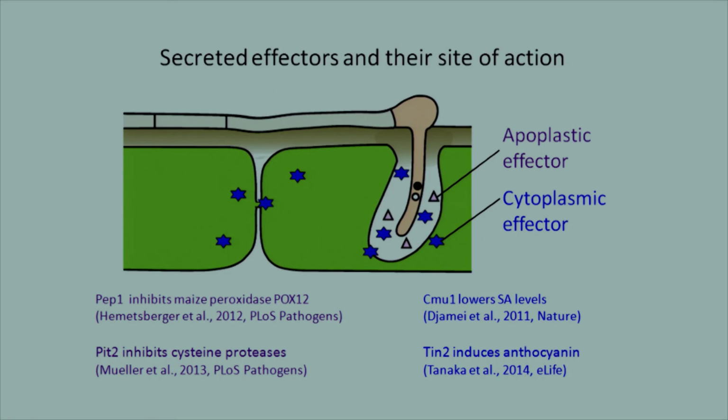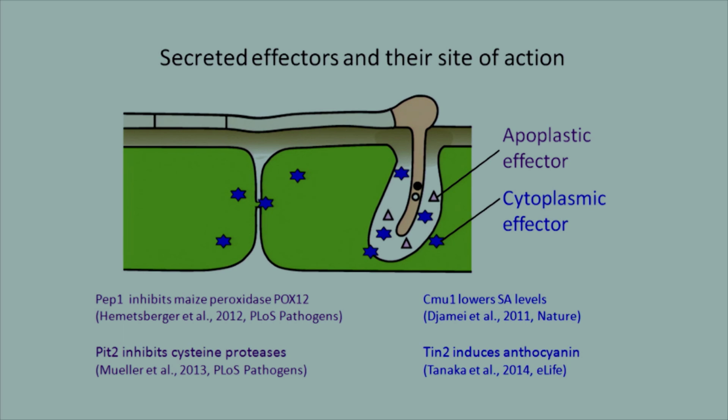And this is not only my own group, okay? The group of Gunther Döhlemann has characterized 2 of these apoplastic effectors, PEP1, which is an inhibitor of a peroxidase in maize, and PIT2, which inhibits a group of cysteine proteases.